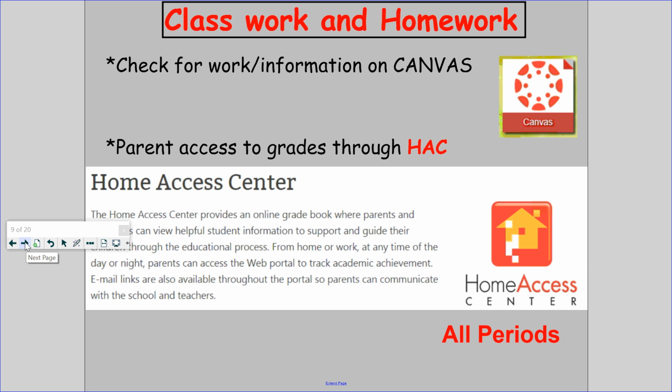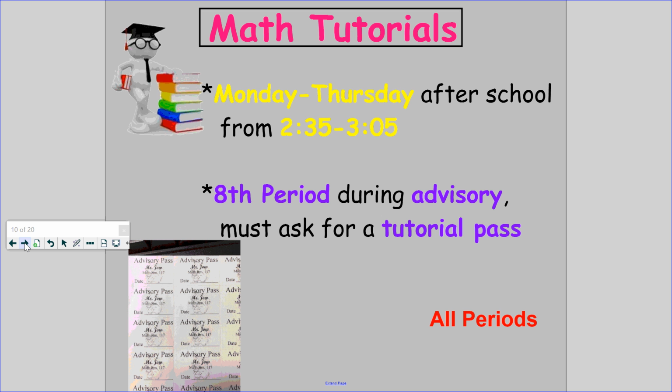Especially when I grade a test or quiz, you will be notified of that grade within a class or two periods, or by after school. There are math tutorials Monday to Thursday after school from 2:35 to 3:05. I hold them every day from Monday through Thursday.